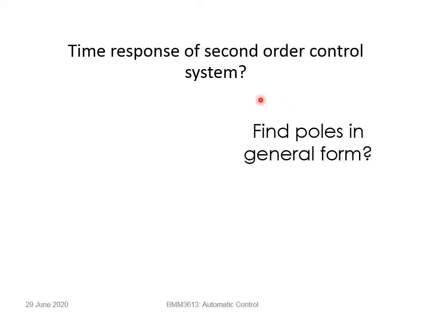In our previous studies, the type of time response was defined by the position of the poles. But now, as the transfer function can be written using these two parameters, natural frequency and damping ratio, we can try to identify the type of response in relation to them.